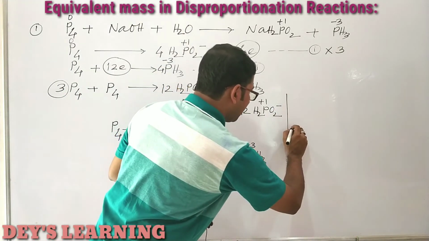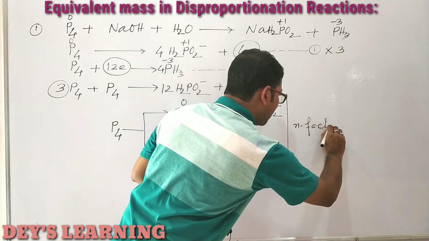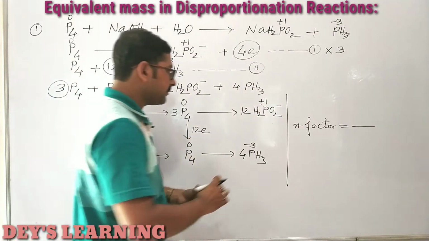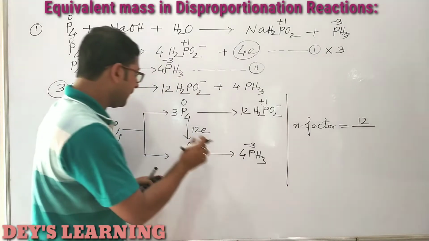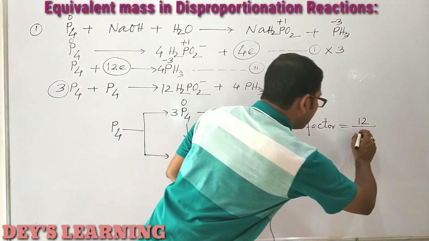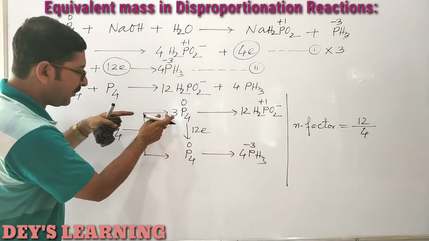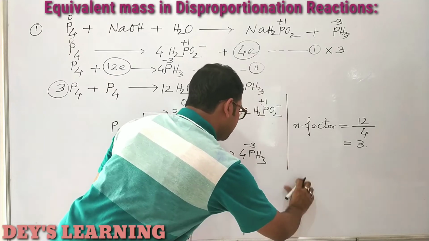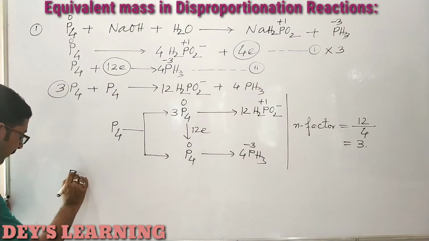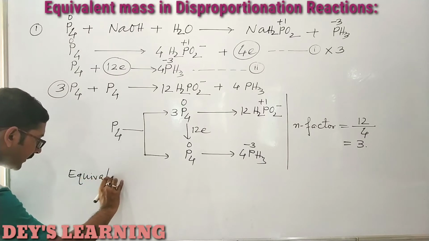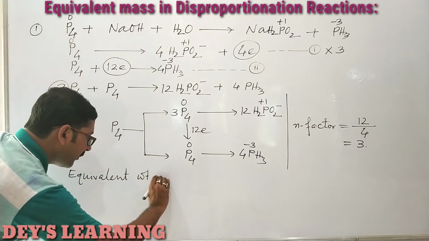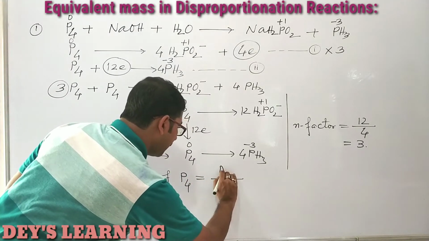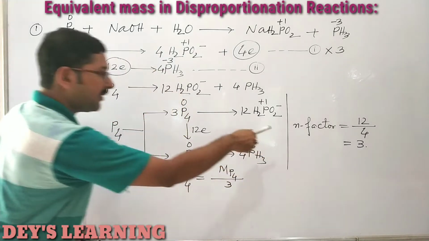So the n factor of phosphorus here is equal to the total number of electrons transferred, this is 12, and these 12 electrons are transferred between these 4 phosphorus molecules. So 4 is the total number of molecules, 3 plus 1. So the n factor is 3 here. So the equivalent weight of phosphorus equals the molecular mass of phosphorus divided by the n factor, which is 3.